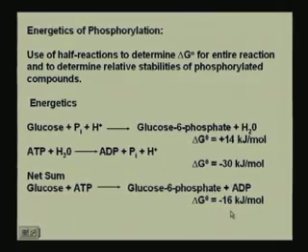Now, depending on the concentrations of glucose 6-phosphate and glucose and the relative amounts of ATP and ADP, the free energy change of the reaction is going to change, right? Because what is that reaction that we have?